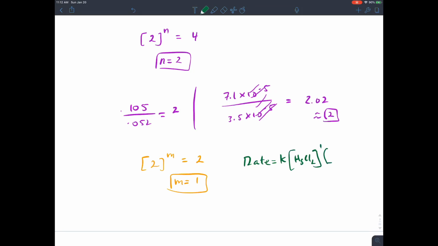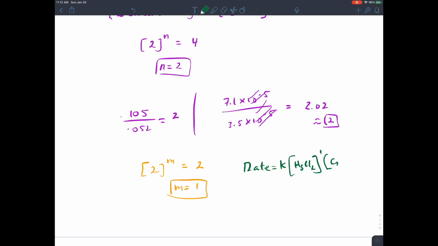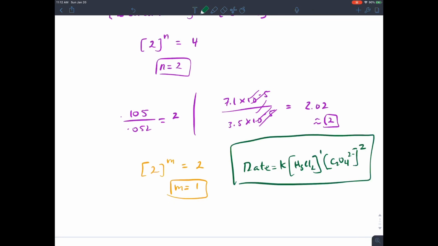And then I have the C2O4 2- raised to the second power. And this right here is what we call the rate law. So if you ever have a problem asking you for the rate law, this is what they're referring to. The whole expression that tells us the exponents that the different reactants are raised to. So this is what we call a rate law.